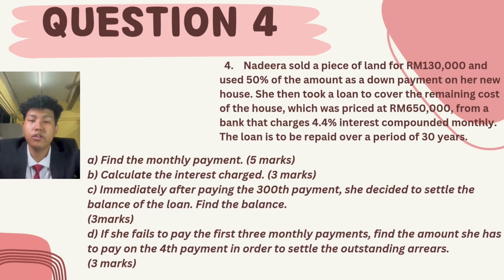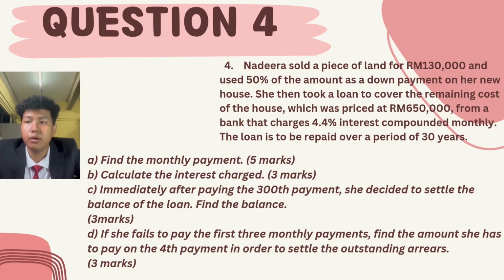So let's move to question 4. Najira sold a piece of land for 130,000 and used 50% of the amount as a down payment on her new house. She then took a loan to cover the remaining cost of the house, which was priced at 650,000, from a bank that charged 4.4% interest compounded monthly. The loan is to be repaid over a period of 30 years.